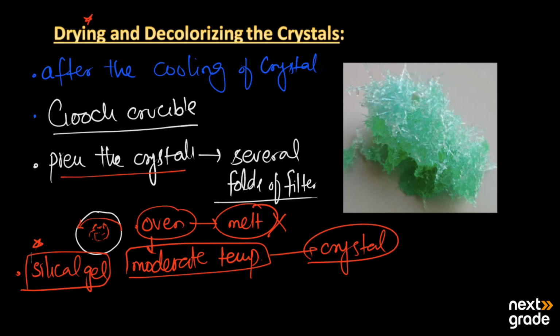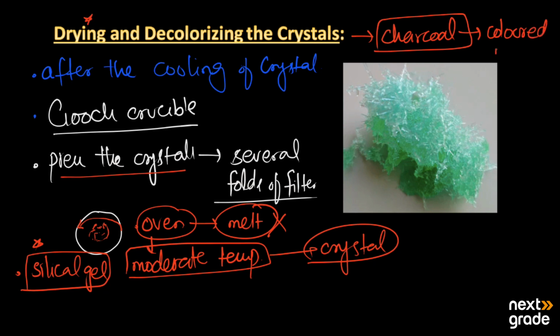For the decolorizing of the crystals, we can use finely powdered animal charcoal. It absorbs the colored impurities from the crystals. So to remove the color, we will use the animal charcoal, and we have to remove that undesirable color from the crystal.